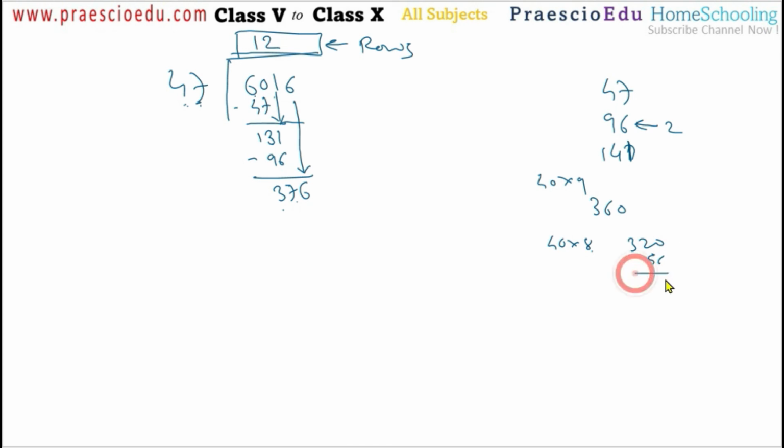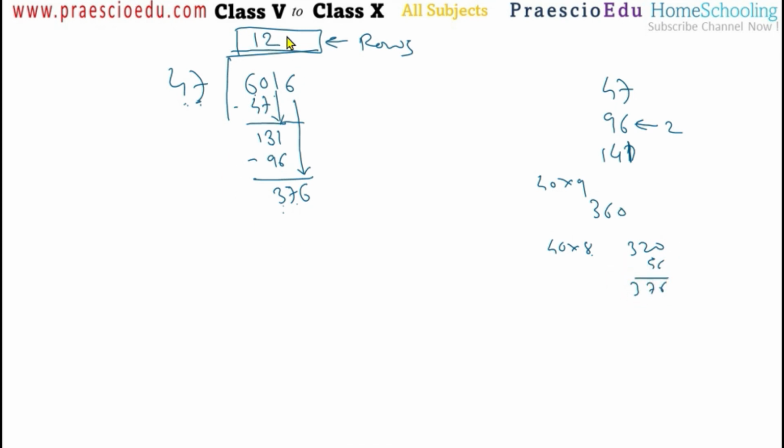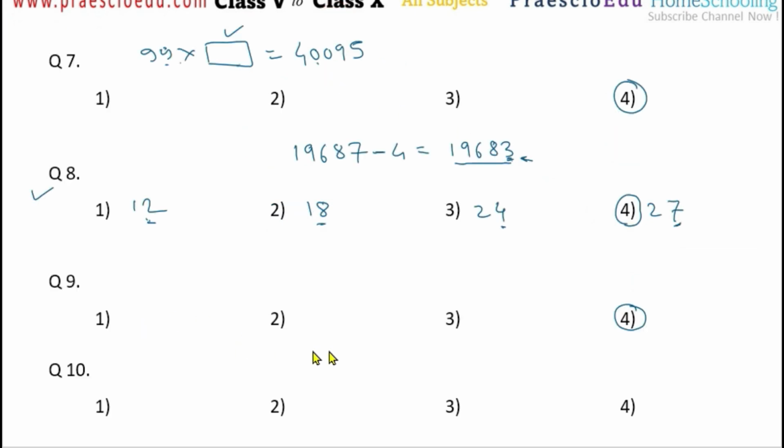So 47 multiplied by 8 gives 376. The remainder is 0, which means this many rows can be formed. In our options, 128 is given in option number 1. So for question number 10, option number 1 is the correct one.